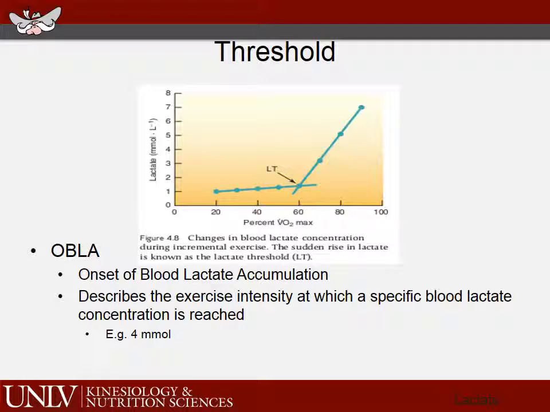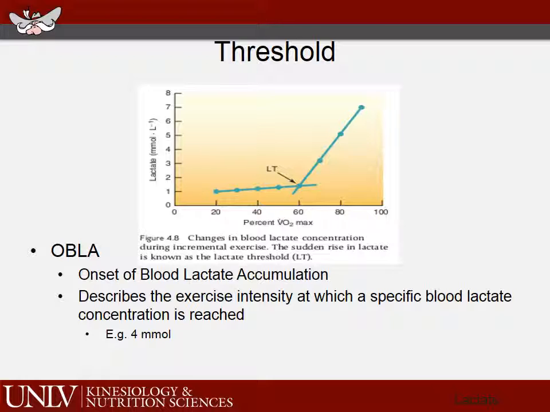So it describes the exercise intensity at which a specific blood lactate concentration is reached. For this person, if they use 4 millimoles, then it's going to be more like the 70% VO2 max. So after graphing it, you would say, okay, 70 if it's the 4 millimoles.